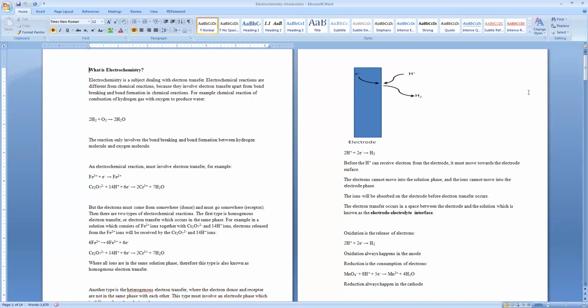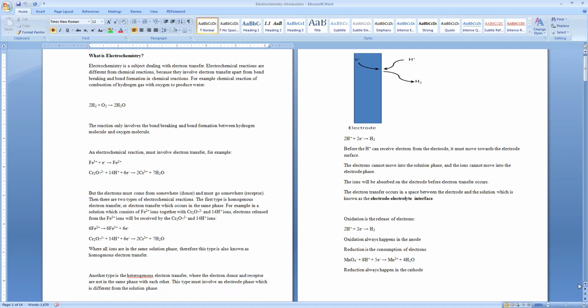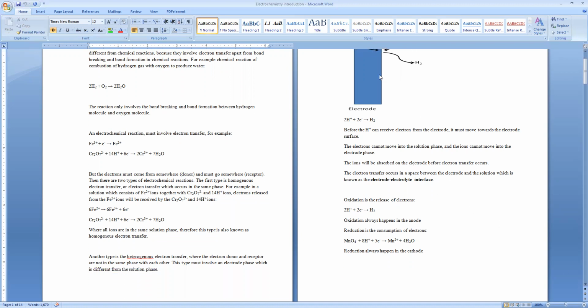But you must have a meeting point. Before the hydrogen ion can receive electron from the electrode, it must move towards the electrode surface. The electrons cannot move into the solution phase, and the ions cannot move into the electrode phase. So the ions will be adsorbed onto the electrode surface before the electron transfer occurs. For example, 2H+ plus 2 electrons become hydrogen.